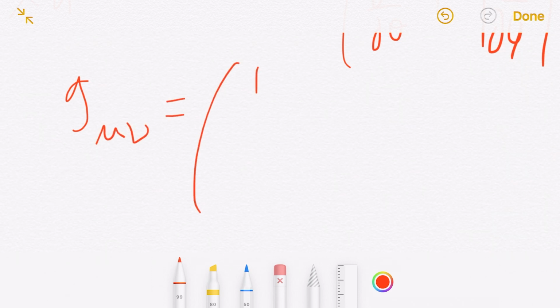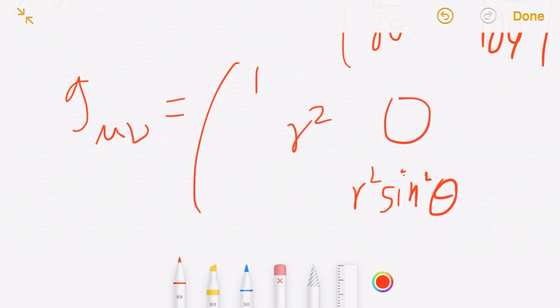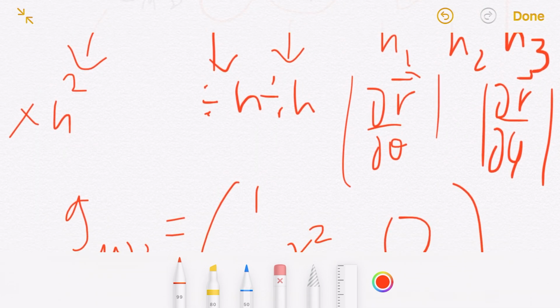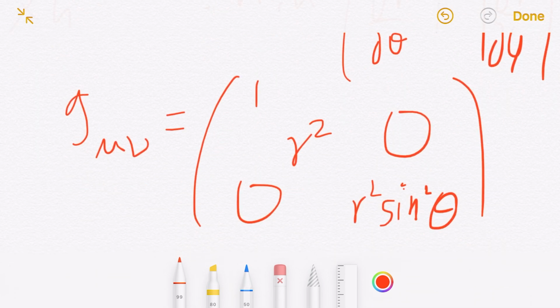So we know that the metric tensor in spherical coordinates is going to look like this: 1, r squared, r squared sine squared theta, where 1, r and r sine theta are h1, h2, h3, so the entries are h1 squared, h2 squared, and h3 squared.